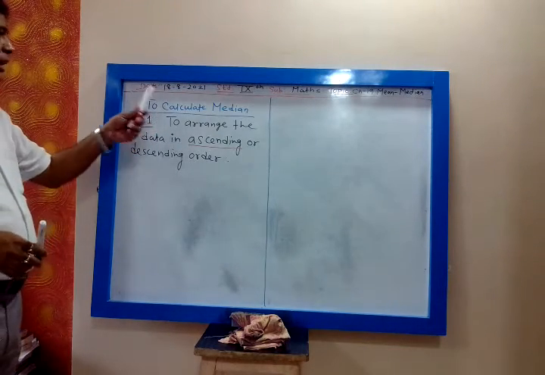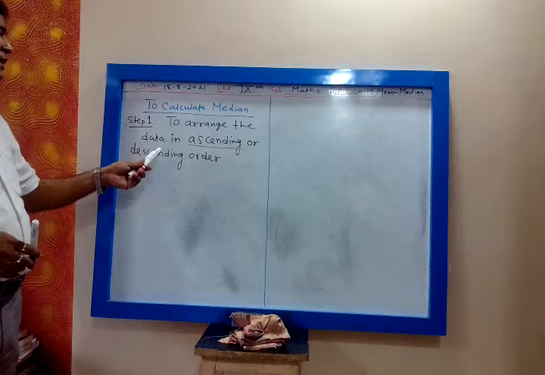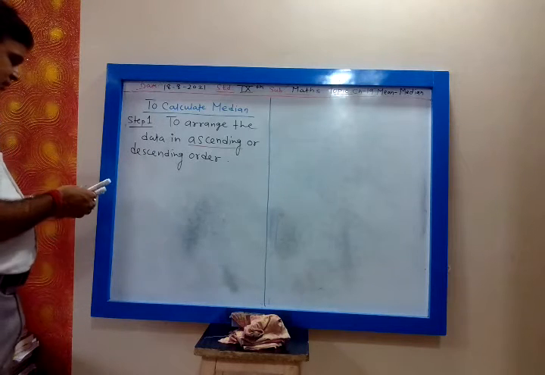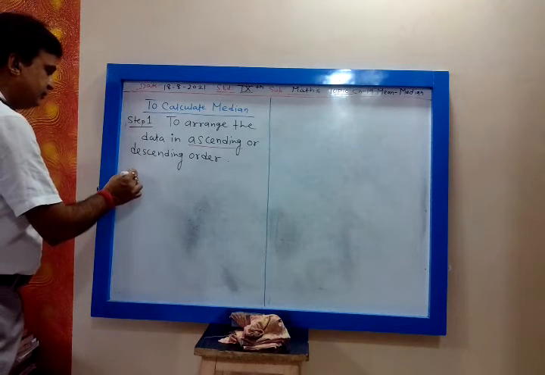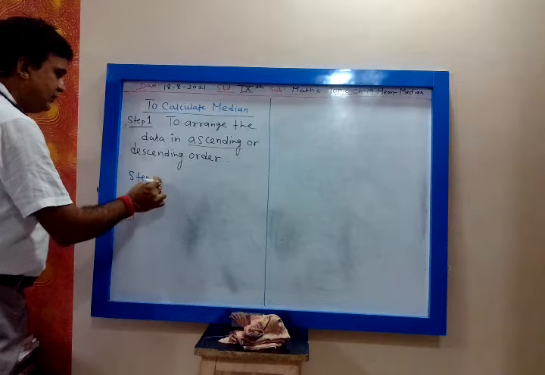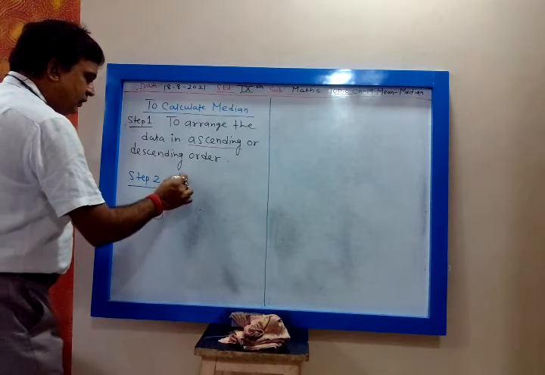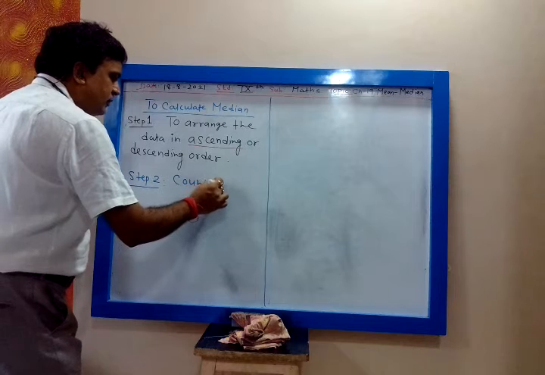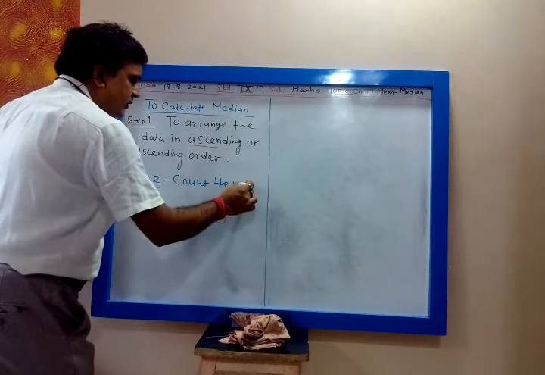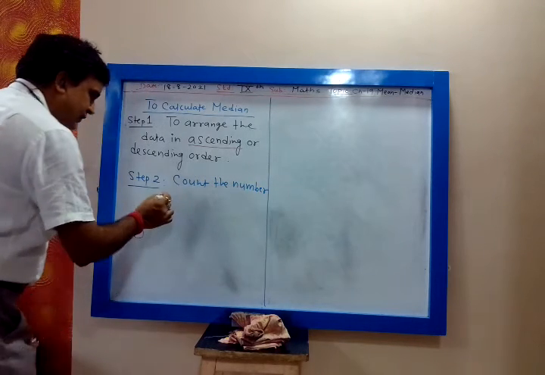The same thing to calculate median, first you arrange the data in ascending or descending order. Then step 2, count the number of observations.